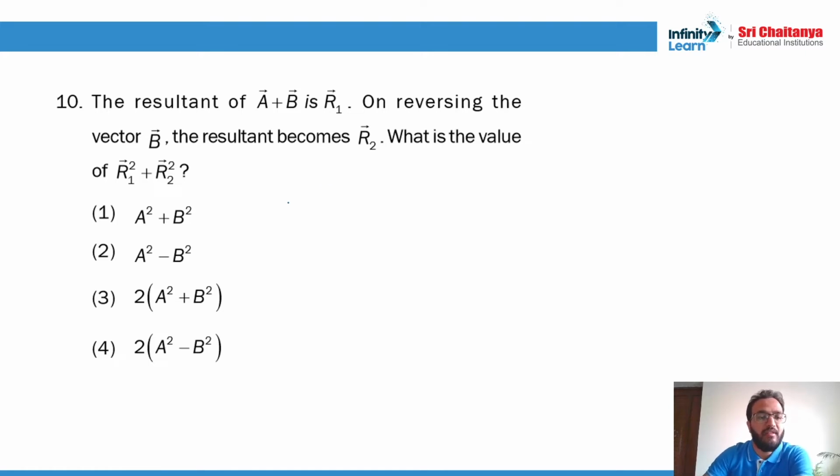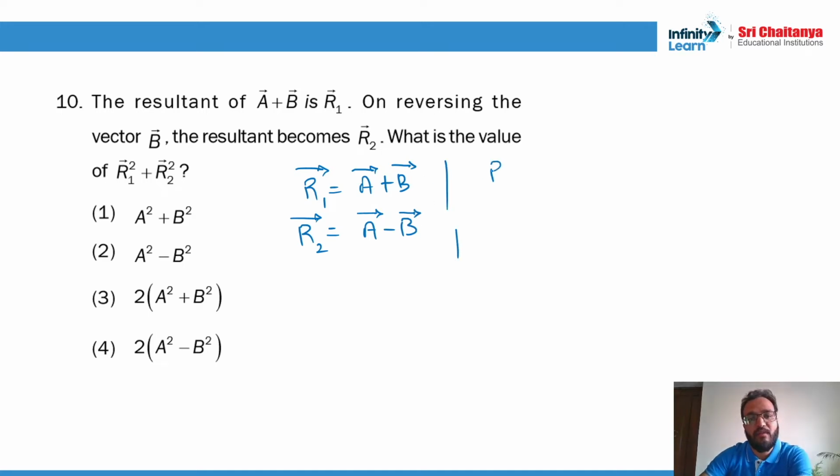Now this is very simple. They are asking, see, what is R1? Vector R1 is vector A plus vector B. What is vector R2? It is vector A minus vector B. And if you say R1 square, it will be a square plus b square plus 2ab cos theta.